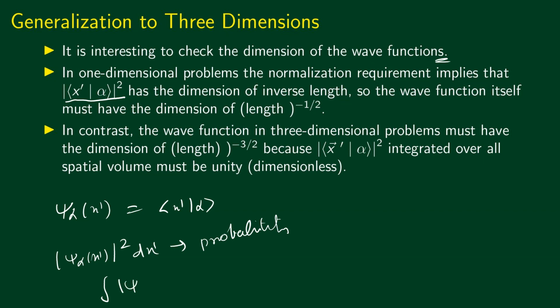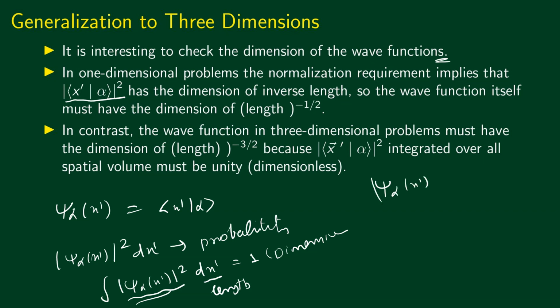So we should have the integral of modulus of psi alpha of x prime squared dx prime equal to 1. Now dx prime has the dimensions of length, and this 1 here, the total probability, is dimensionless. So for this whole thing to be dimensionless, modulus square of psi alpha of x prime should have the dimensions of 1 divided by length, because dx prime has the dimensions of length and we need the product to be dimensionless.